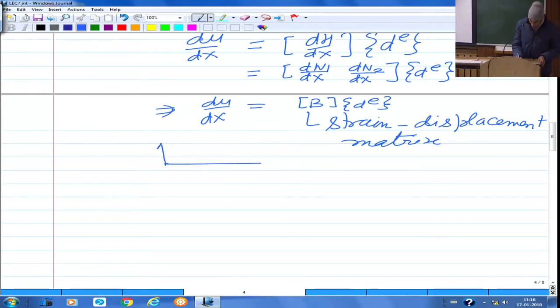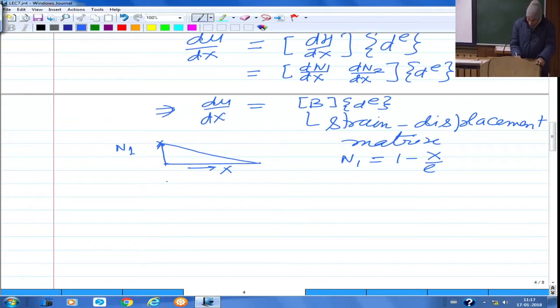This axis I put as n1, and this is your capital X here. n1 is 1 minus x by L, as we have seen. So at small x equal to 0, n1 is unity, so it starts from somewhere here, and at x equal to capital L, it is 0. So n1 varies from unity at the left end to 0 at the right end.